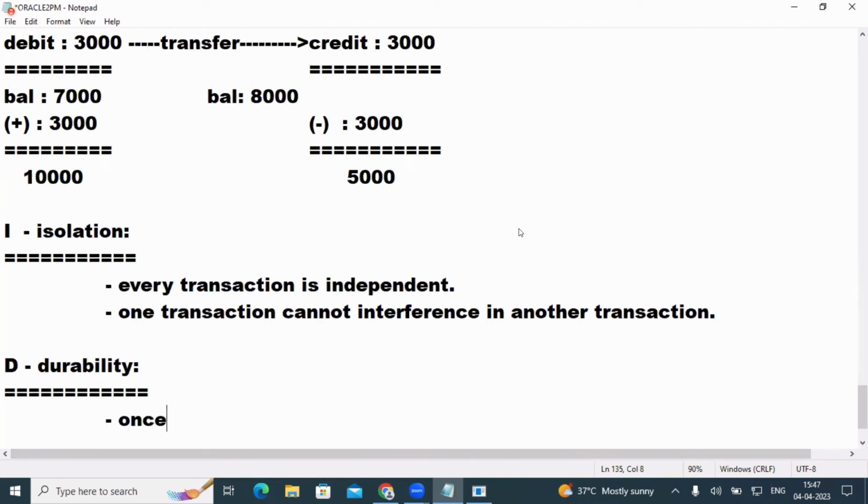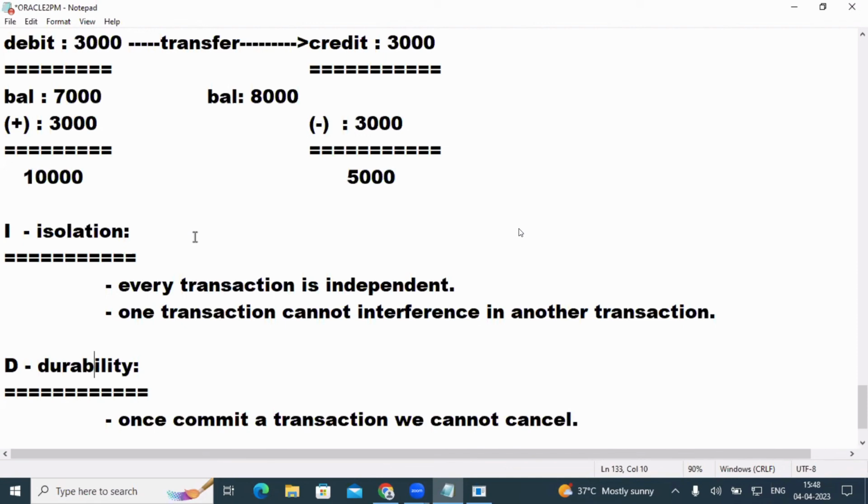That means once you commit a transaction, this point is already discussed, we cannot cancel. So this is durability. So atomicity, consistency, isolation, and durability.